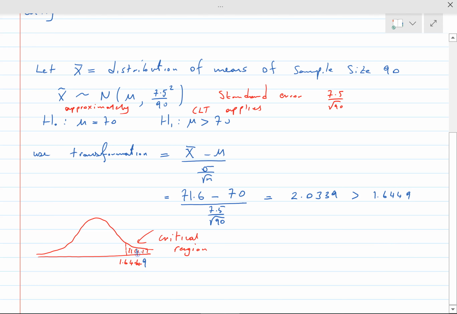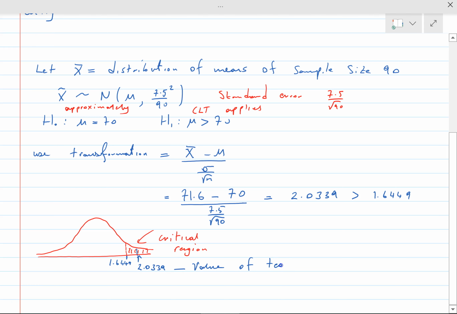So in other words, we are in the critical region here. 1.6449 is the critical value there. But somewhere in here is our test statistic. Value of test statistic is in critical region.